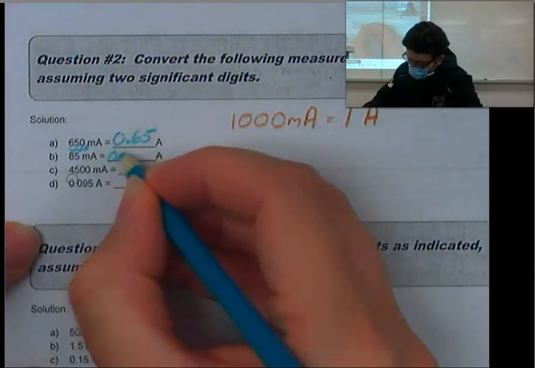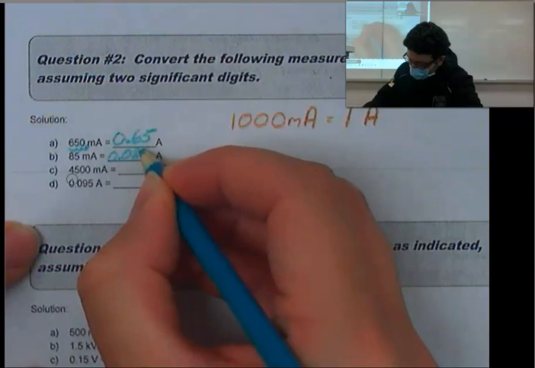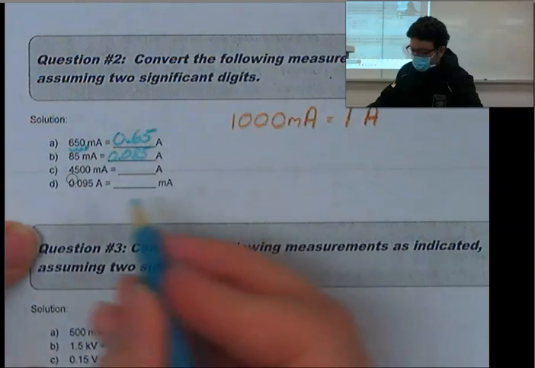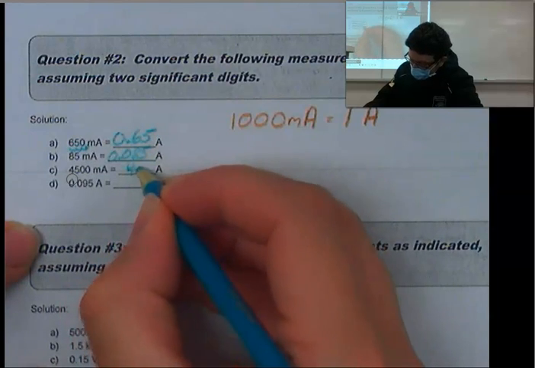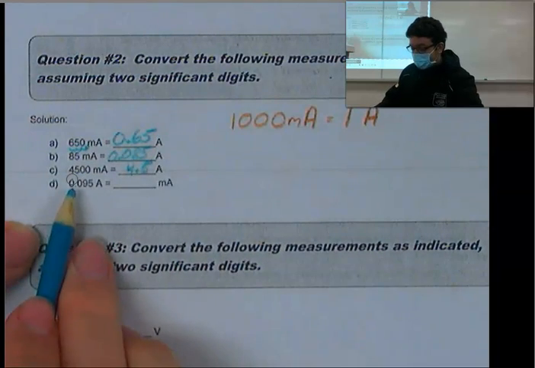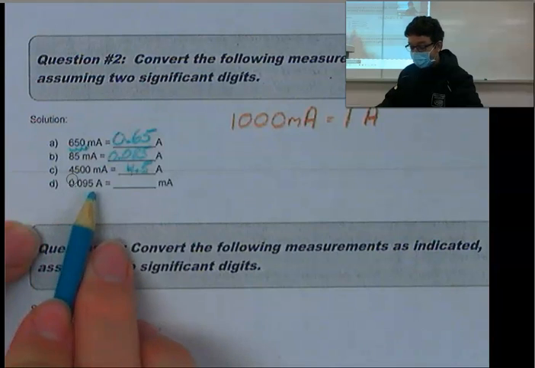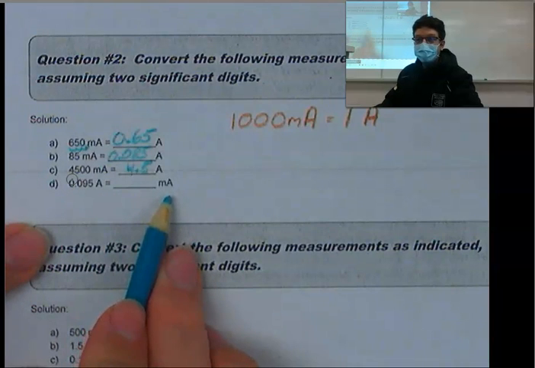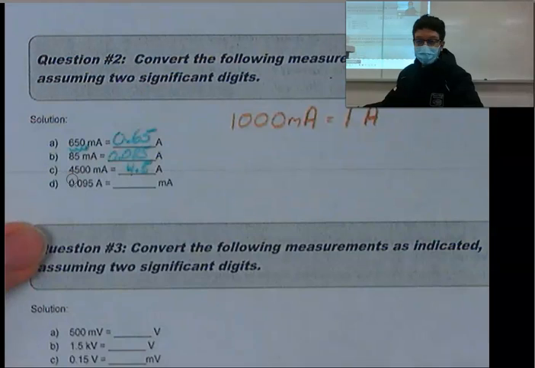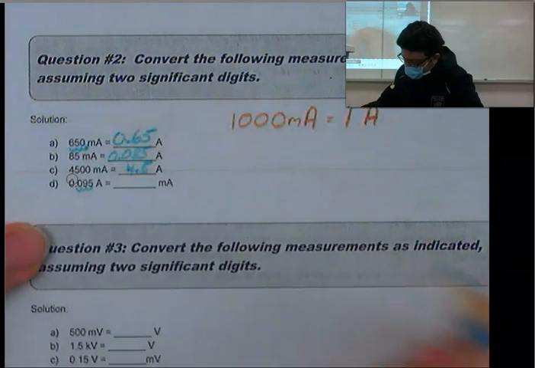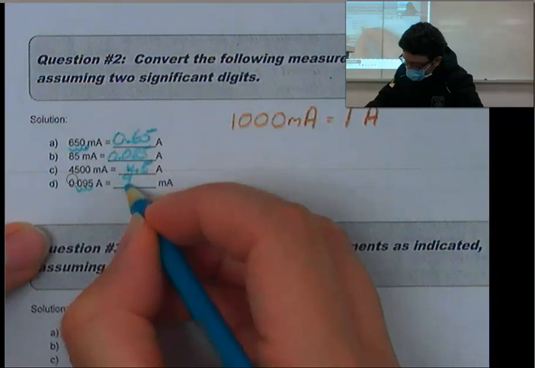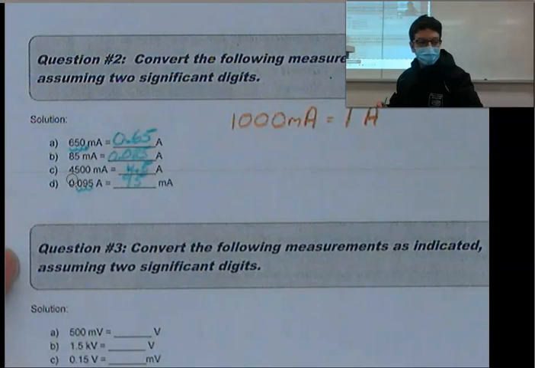We get 0.085 amps. This one, if we do the same thing, we get 4.5 amps. And this one, because we're going from amps to milliamps, we're going to move the decimal over 3 places to the right. So 1, 2, 3. So that would be 95 milliamps.